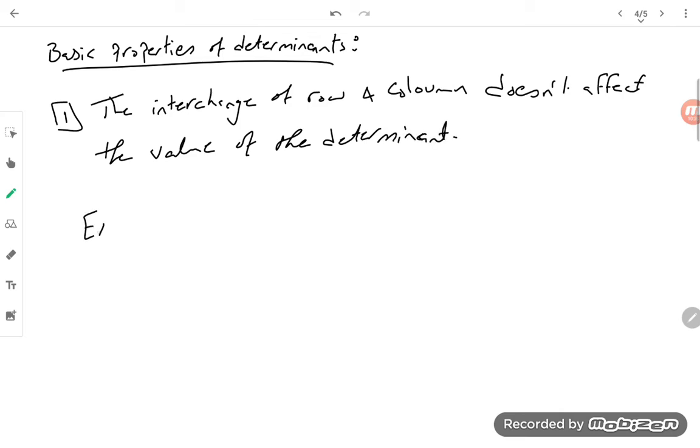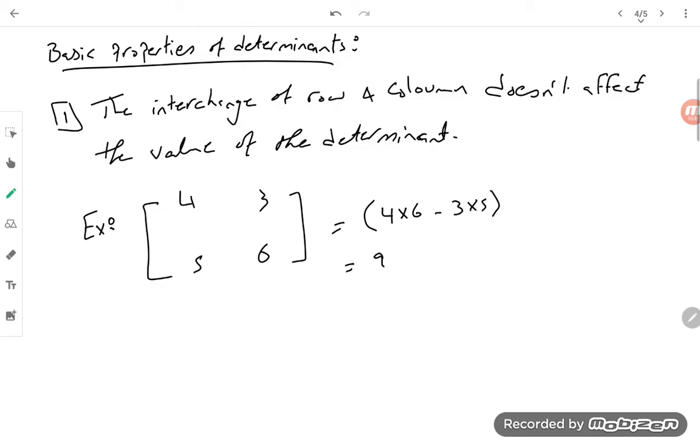Example. This is the matrix. If you calculate the determinant, it will be 4 multiplied by 6 minus 3 multiplied by 5, so it will be 9.